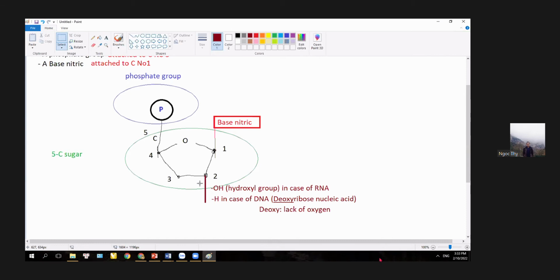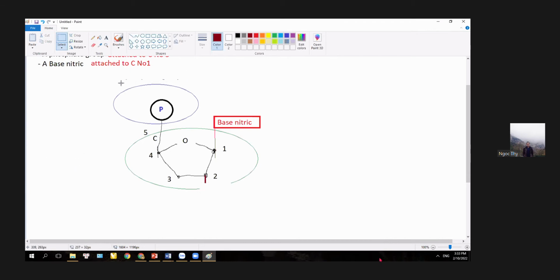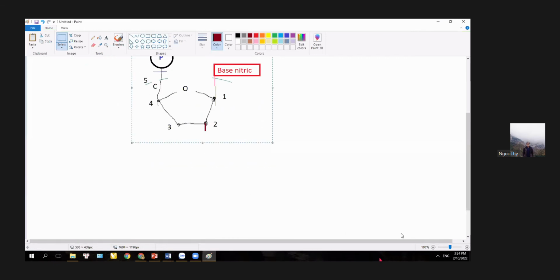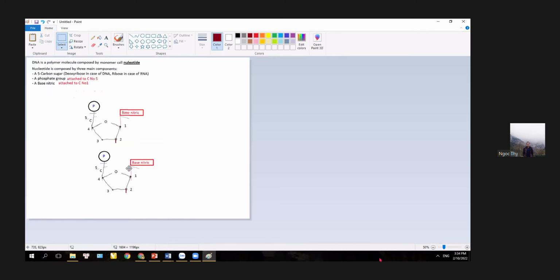So for example, I will erase all of this. If this nucleotide is combined with another nucleotide here, we will have the phosphodiester link between the carbon number 3 and the phosphate group.